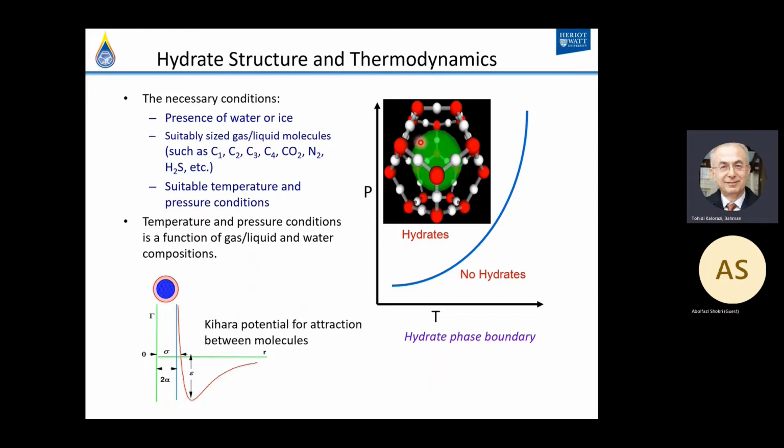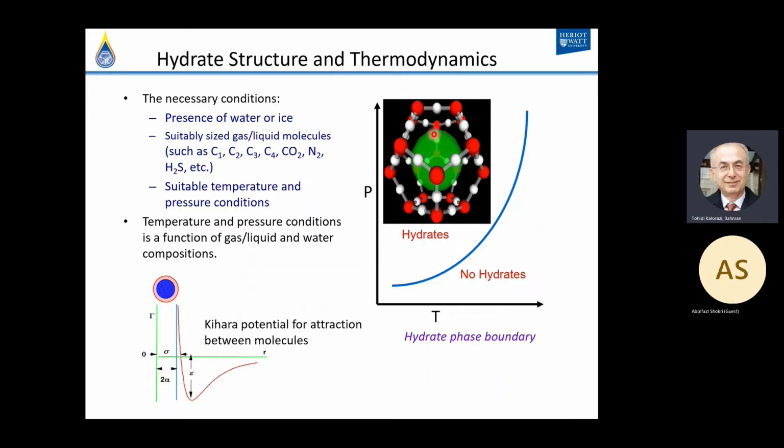In hydrate crystal, the position of the oxygen molecule is fixed. This is oxygen, hydrogen, oxygen, hydrogen, and then oxygen. So the distance depends on the size of the molecule. If the molecule is too small, it's difficult to form hydrate. So a molecule like hydrogen or nitrogen is too small, and it's very difficult to form hydrate.